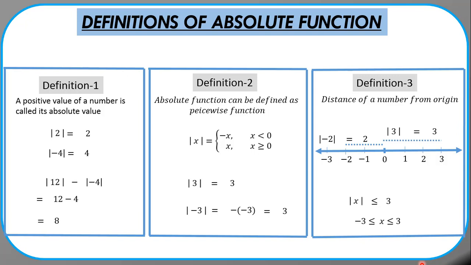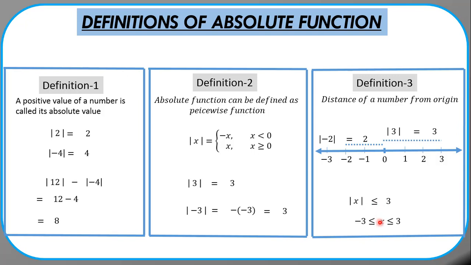What this means is, if you take the value of x in this range, let's take the value minus 2. We know that the mod of the value minus 2 will be positive 2, which will be less than or equal to 3, and hence satisfying this inequality. If you take the positive value 2, again it is lying in this range, and mod of positive 2 will be a positive value of 2, which will also satisfy this inequality.